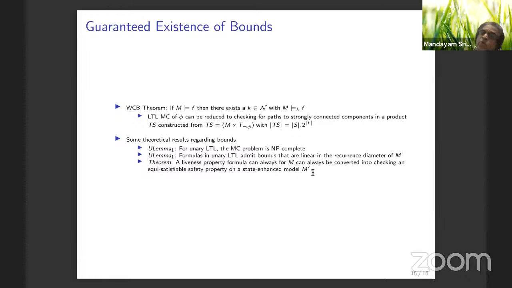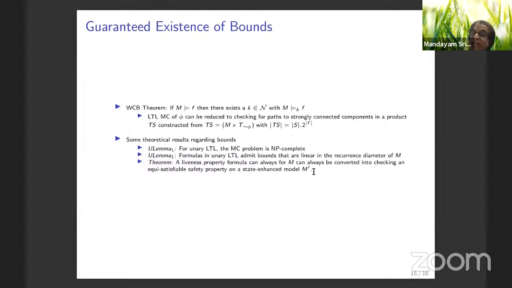It is somewhat similar to general safety properties, not necessarily an invariant property. An invariant property you could check by just enumerating all the reachable states. And I had explained to you in one of the earlier classes that you can always handle a general safety property by adding a few states that remember some history that is required to show the existence of a counterexample.